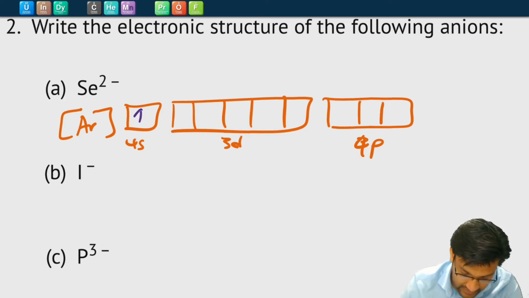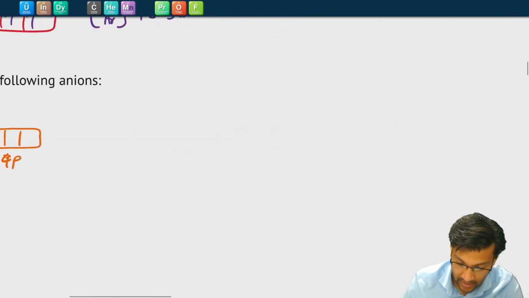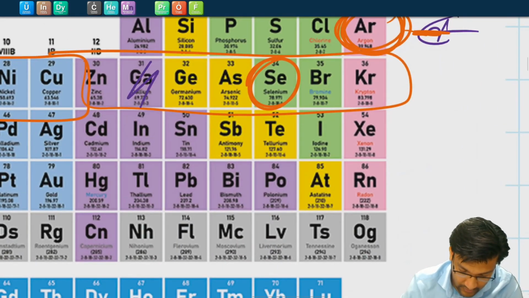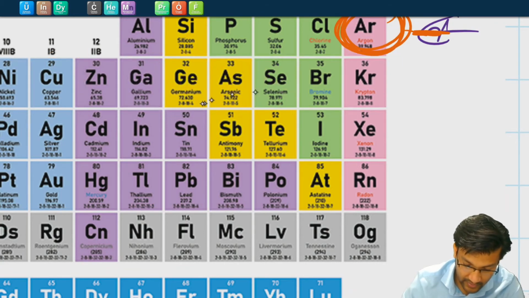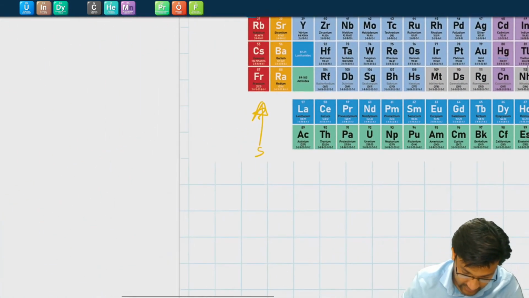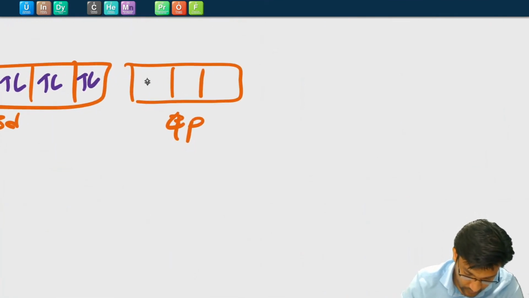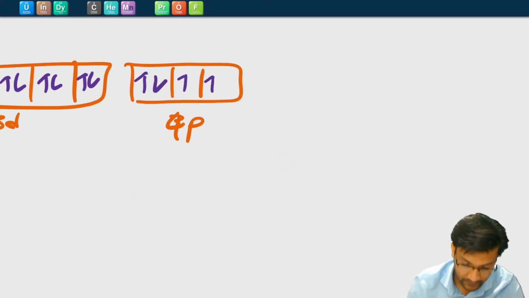We know that 4s is filled and 3d is filled because it's in the 4p block. And then for 4p, it should have 1, 2, 3, 4 electrons in there. That's usually how I figure those out quickly. So let's put 4 electrons in there. 1, 2, 3. Fill them with single electrons first with the same spin, and then 4.